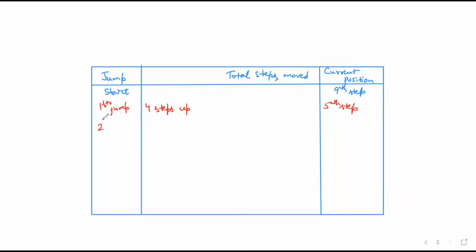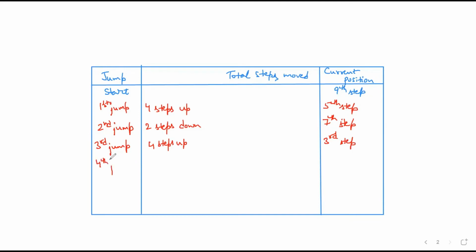Now in the second jump, he is taking 2 steps down. 5th step पे है, 2 step नीचे आ गया means 7th step पे आ गया. Right? Okay. Third jump again 4 steps up. तो 7th step पे है, 4 step ऊपर गया तो पहुंच गया 3rd step पे. 7 minus 4 3. Okay.